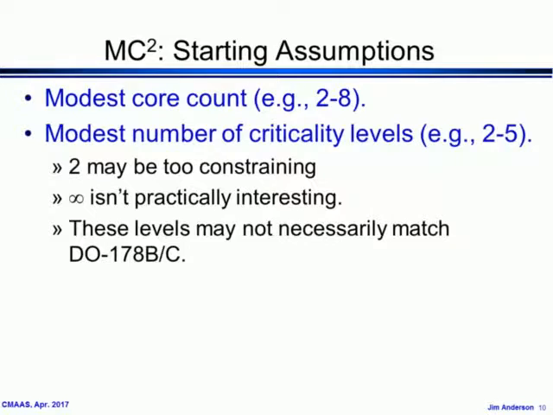So in theoretical work on mixed criticality scheduling, they usually assume two. In our discussions with Prakash, who was here earlier, that seemed to him to be too constraining. There's been some theoretical work where there are an infinite number of criticality levels. That doesn't seem very interesting either. So we assume some modest number of criticality levels. And this does not necessarily have to match up exactly with DO-178B or C, if you know what those standards are.